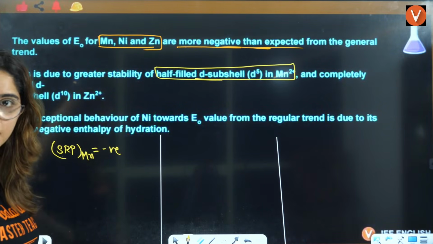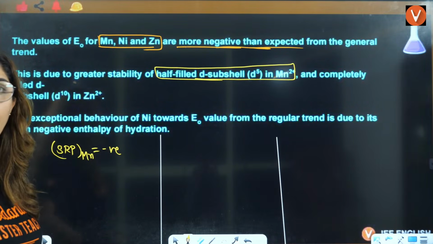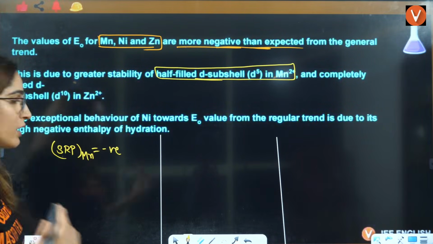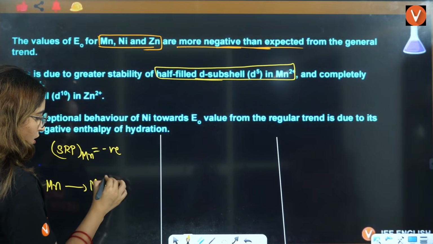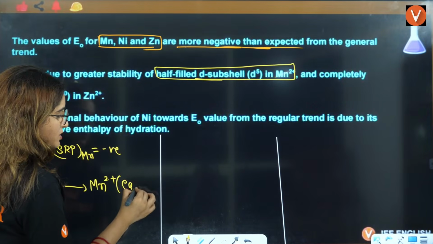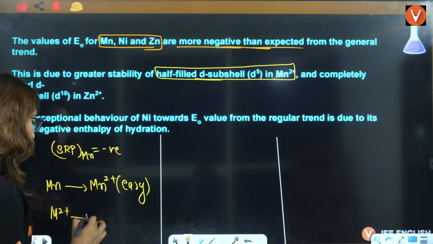Negative means less, which makes it easy to convert Mn to Mn2+. So Mn to Mn2+ is easy, but Mn2+ to Mn is tough.